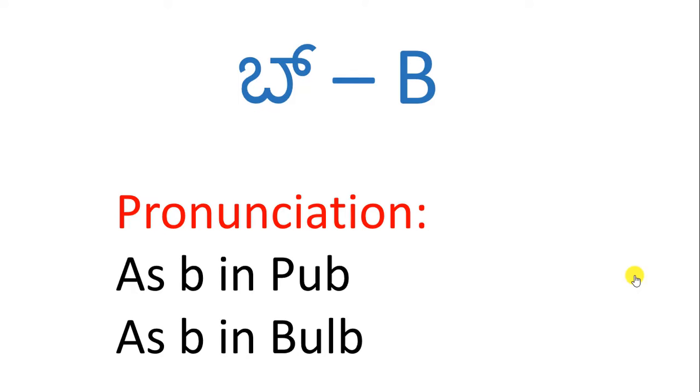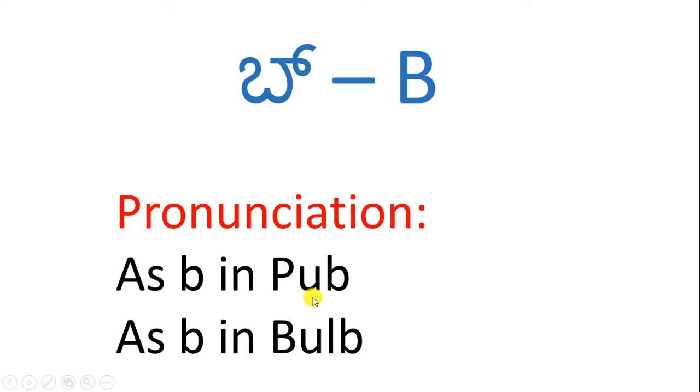The next root consonant is b. The pronunciation of this root consonant is as small b in pub, or as a small b in bulb.